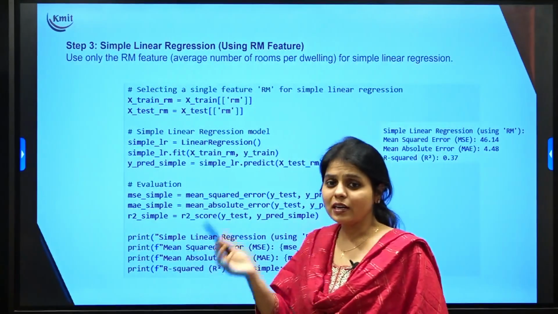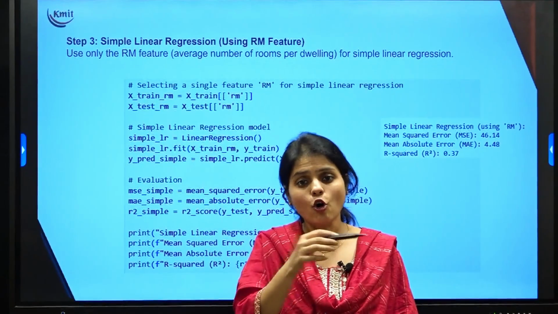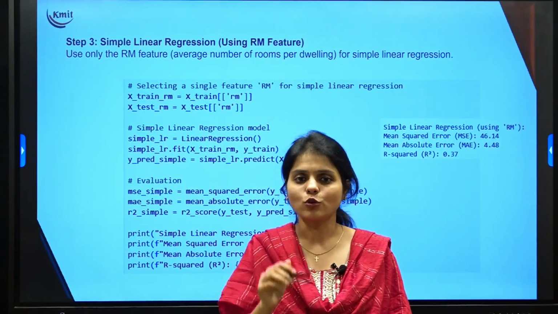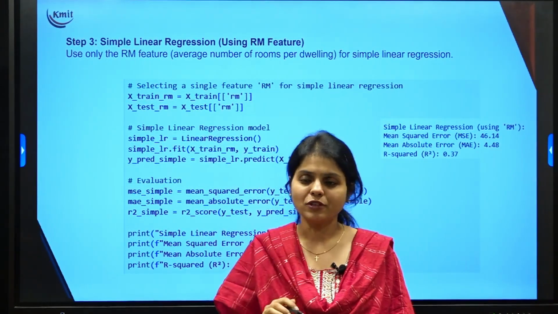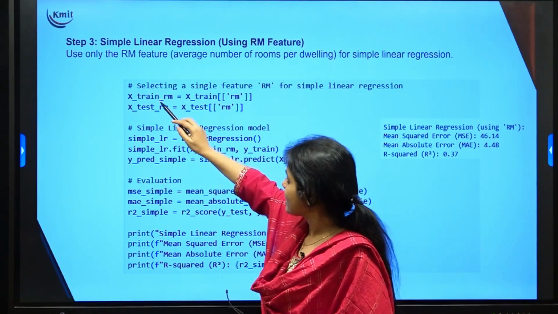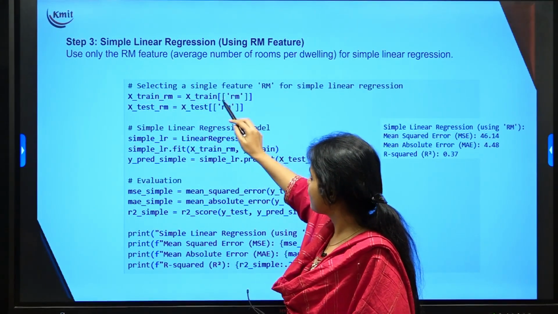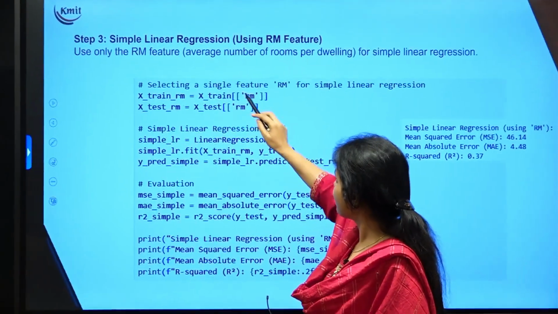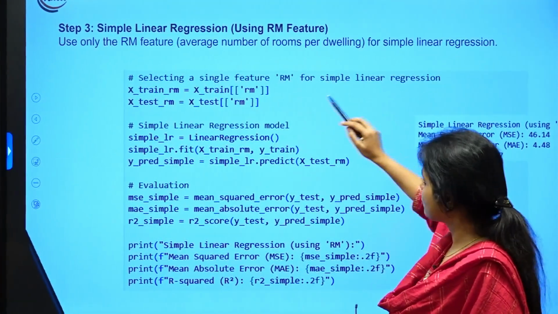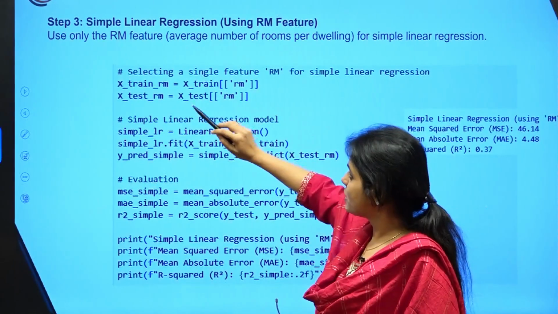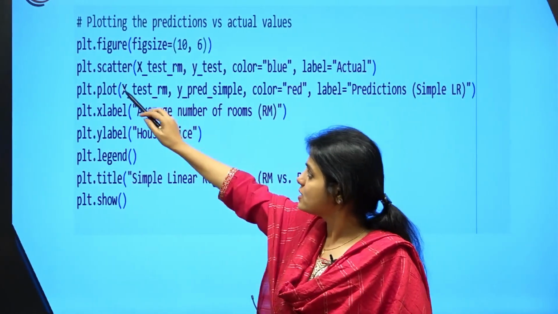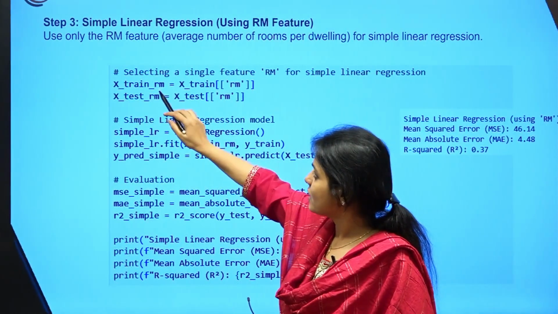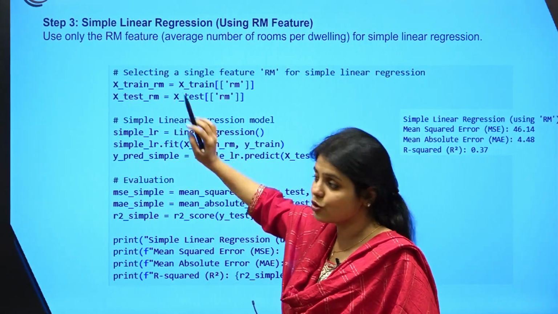Unlike X, where I had all the features, in simple linear regression I want only one input feature. So for X train and X test, I want only RM, that is, I am selecting a single feature as input for the simple linear regression algorithm, and that is stored in X_train_RM and X_test_RM.